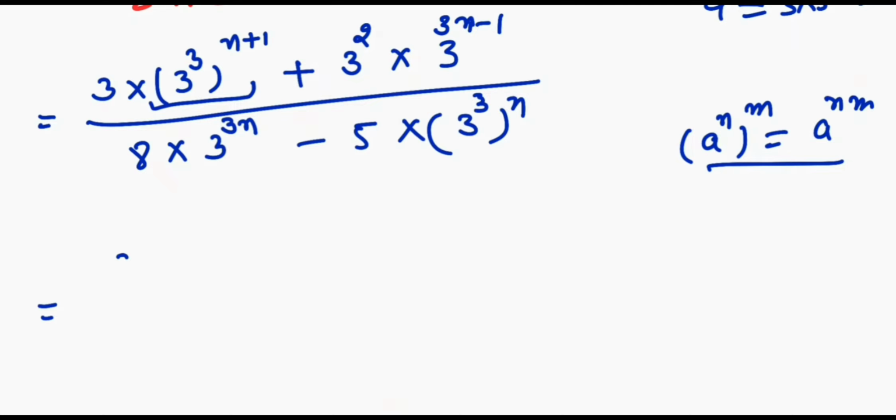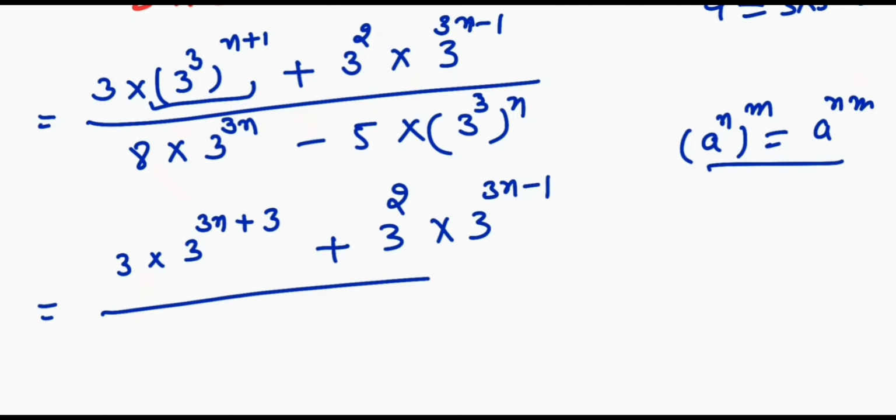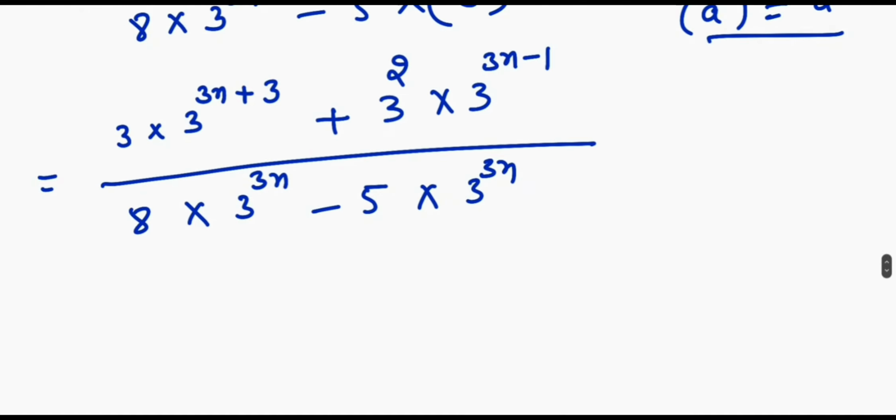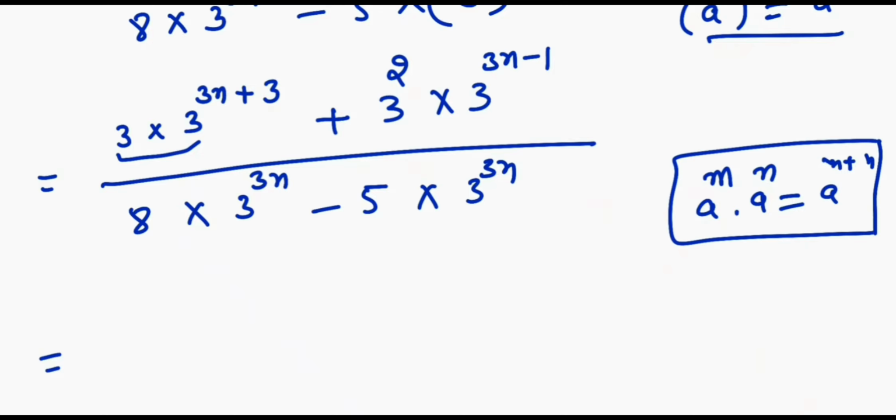So it will become 3 into 3 raised to power 3n plus 3, plus 3 raised to power 2 into 3 raised to power 3n minus 1 divided by 8 into 3 raised to power 3n minus 5 into 3 raised to power 3n. Next we'll combine these two, means a raised to power m into a raised to power n is equal to a raised to power m plus n. Now I am going to use this formula.